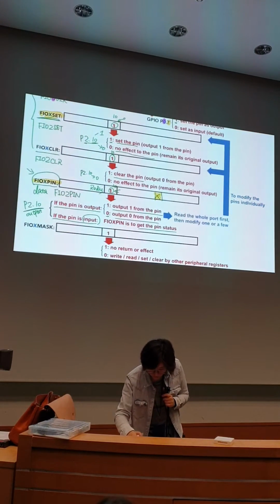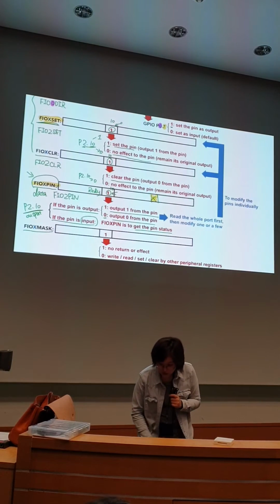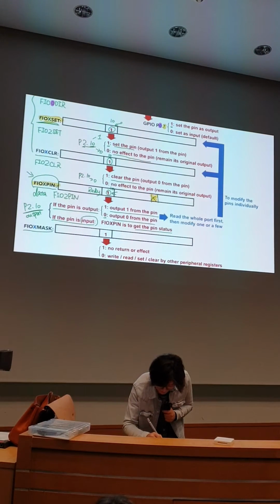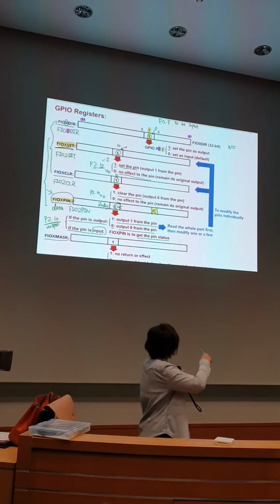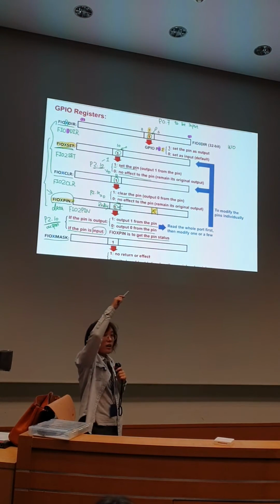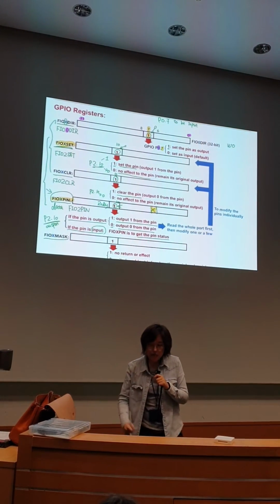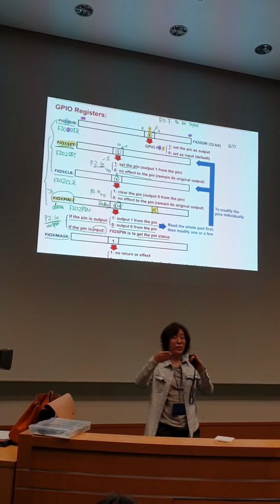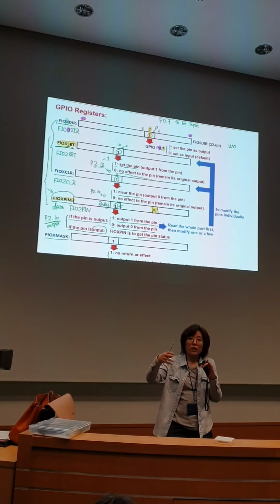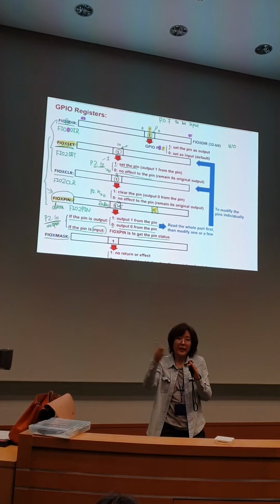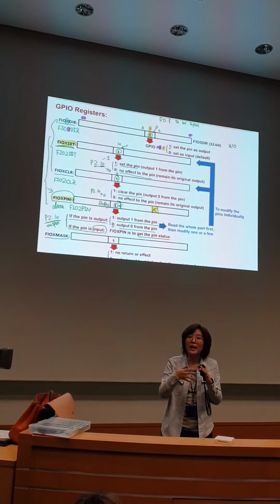And another register, mask. So let's say you want to do the set or clear using the previous registers. You can mask a few bits. Let's say later on, a few pins never get used, and you don't want to touch those pins.